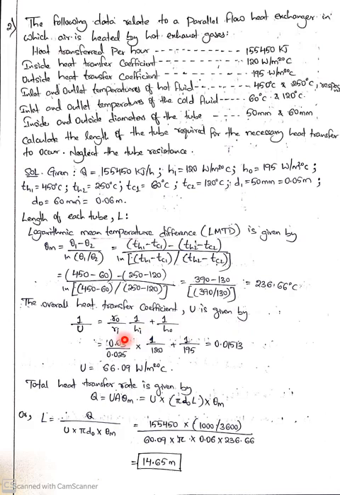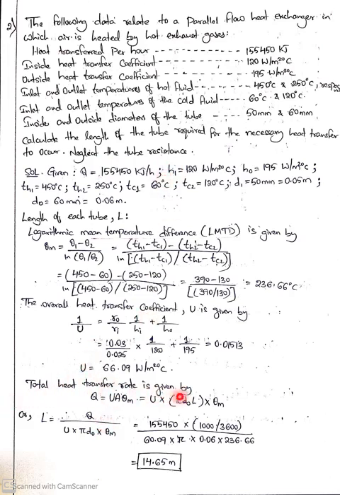Since the diameters of the pipes are given, you just need to use this formula, which you will find in the data handbook, with respect to the inner and outer diameters of the pipe. Since he is telling us to neglect the tube resistance, you will get U.